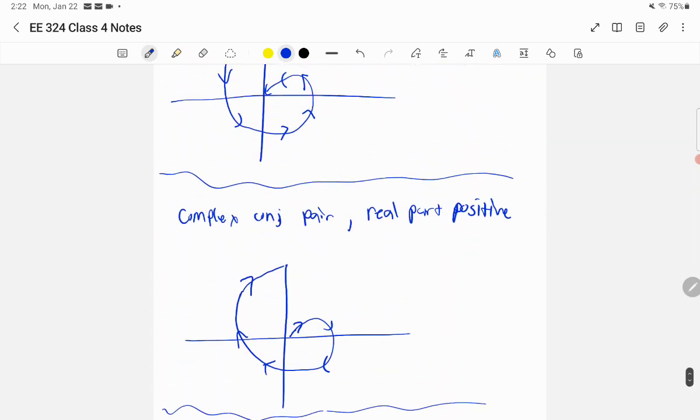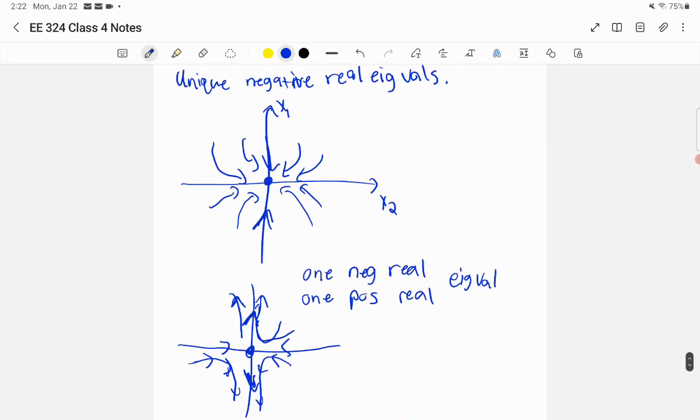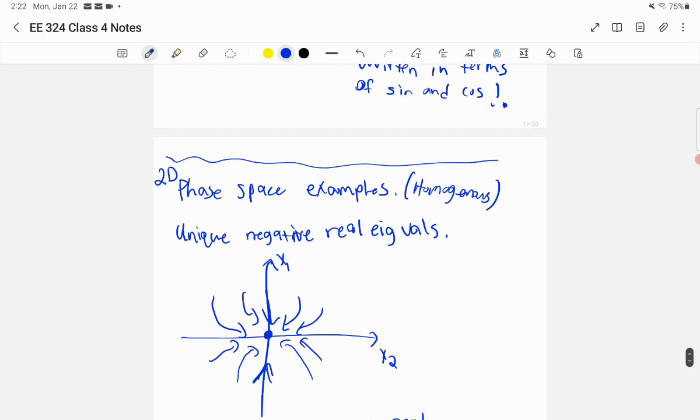And then if you had something like non-unique, but say both negative, it's going to look similar to this. It's just going to have something called transients. So it might actually grow away from zero for a short time and then go back to it. But the end story looks like this.